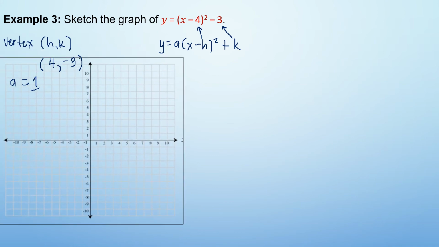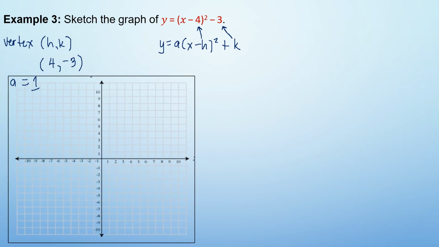The question now is, how are we going to sketch the graph of the quadratic function without a table of values? This is something that we have to keep in mind. Always use the formula y is equal to ax squared. Then let x be equal to 1 and let x be equal to 2.